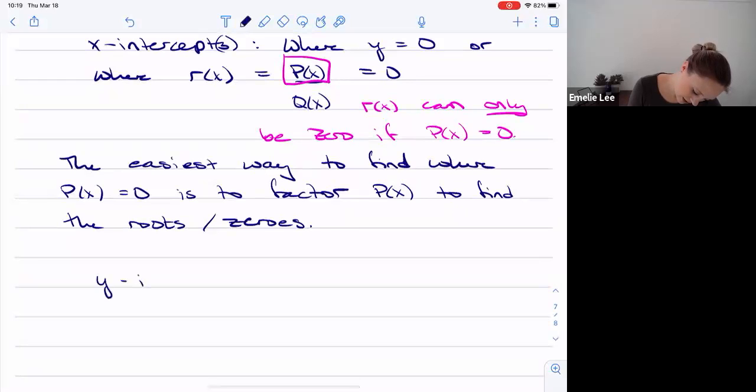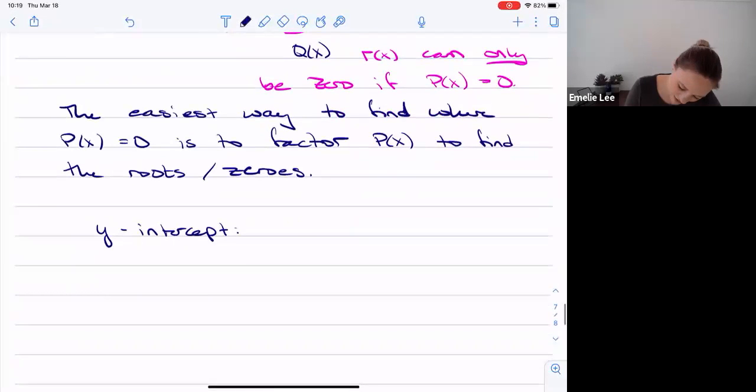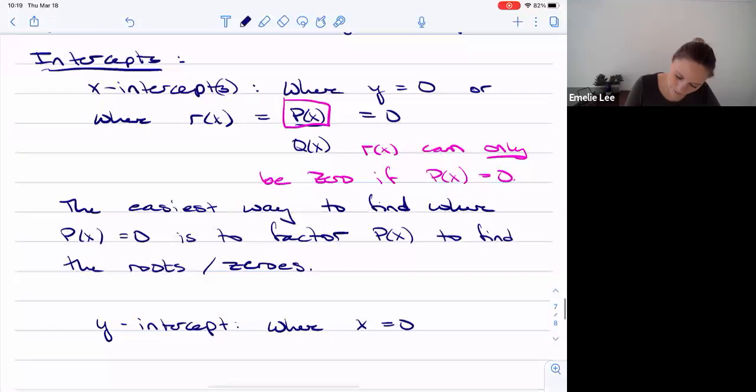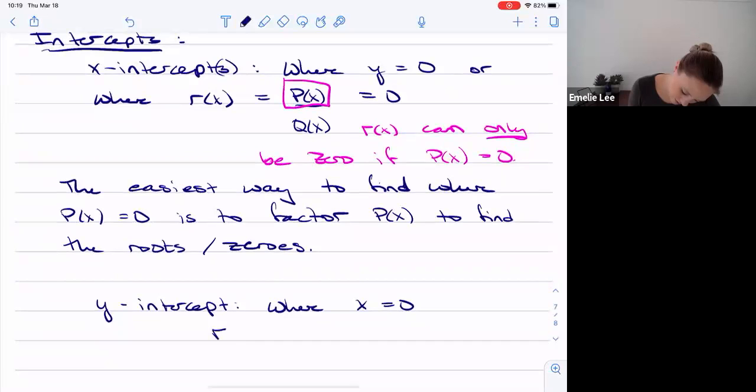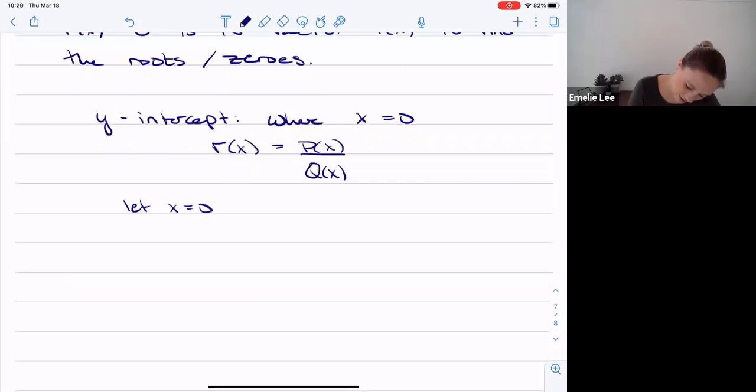The y-intercept, remember, is where x equals 0. That's easier to find, right? So in R of x equals P of x over Q of x, let x equal 0.